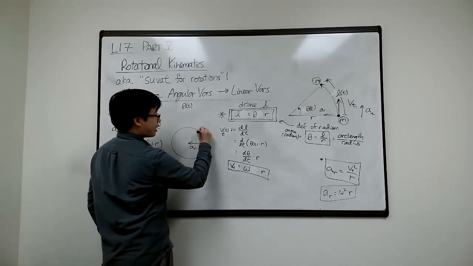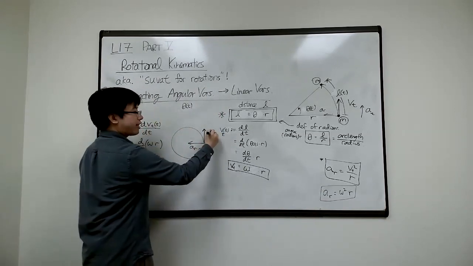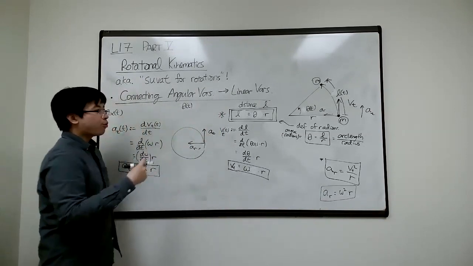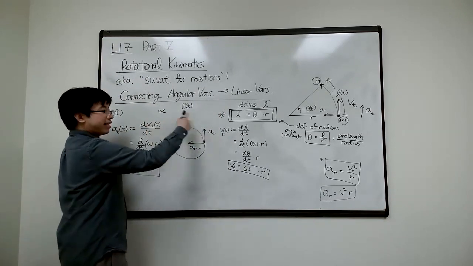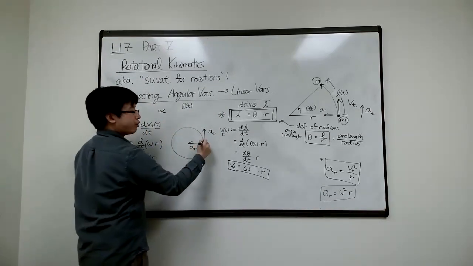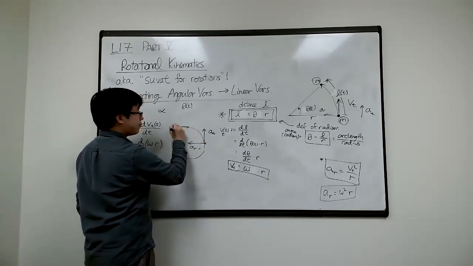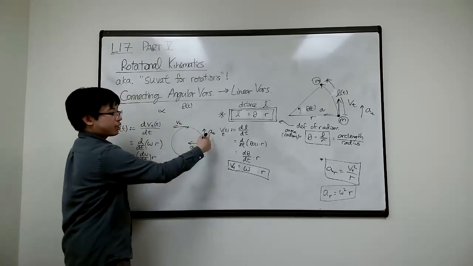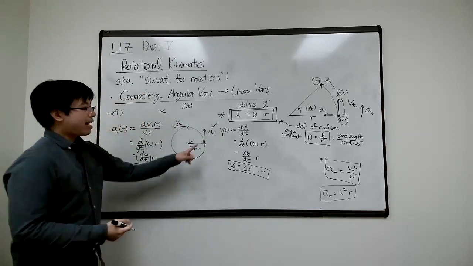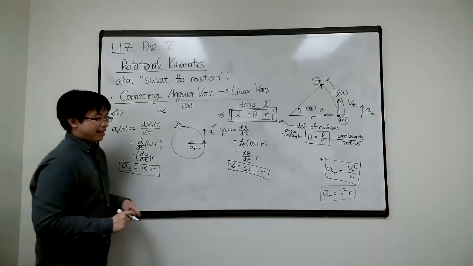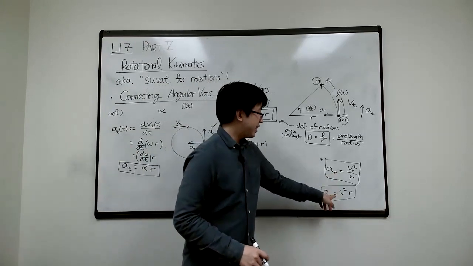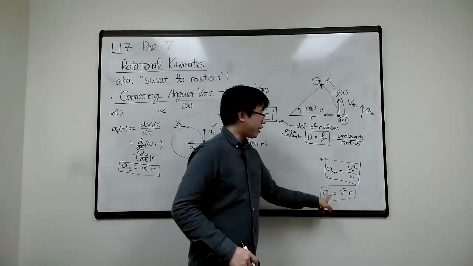There's no acceleration in this direction because if there is, it will speed up. But now we do care about potentially, right? There's angular acceleration, which means it will go faster and faster, which means the tangential speed, vt, will go faster and faster. So we do have this as well. And the formula for that is alpha r, and the formula for that is vt squared over r.